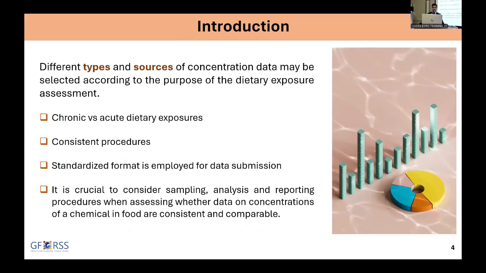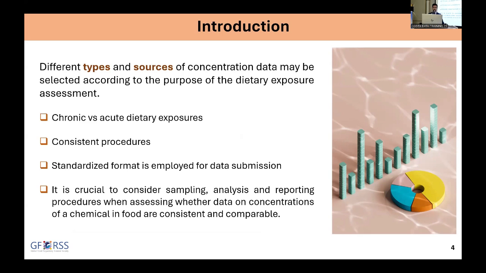As we started to introduce, we may access different types and we may have different sources of those concentration data. So here we're speaking about the concentration of chemicals in our food. We might or we will be using different types of data, whether we are targeting chronic or acute dietary exposure.